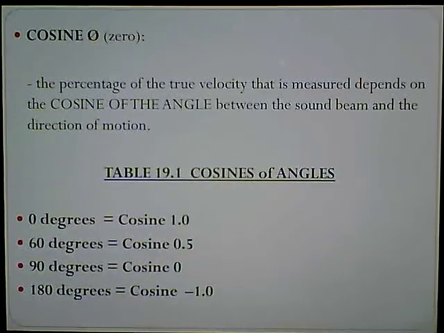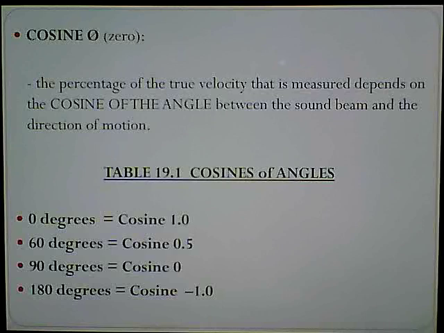So table 19.1 gives you the cosine angles. The registry and myself are only going to test you on these specific ones because those are the ones that we use in the field and the most important. They won't allow you to have a calculator, especially a scientific one. So just learn these and you will be fine.